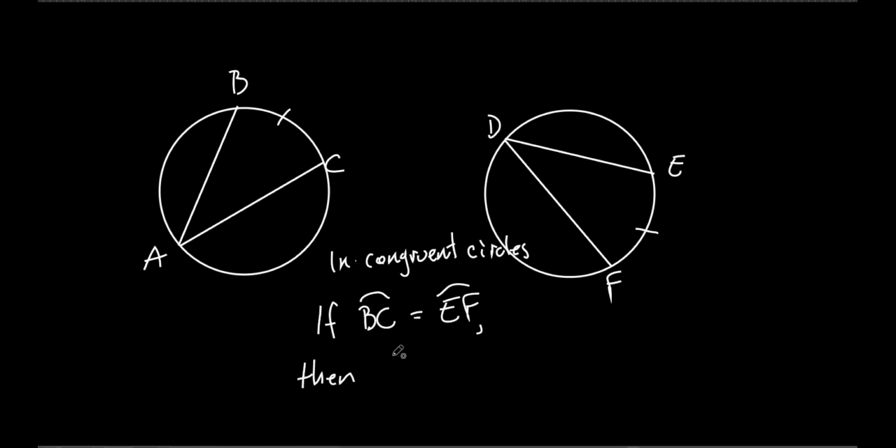If the two arcs are equal, then the two inscribed angles are equal. So angle A must equal angle D.